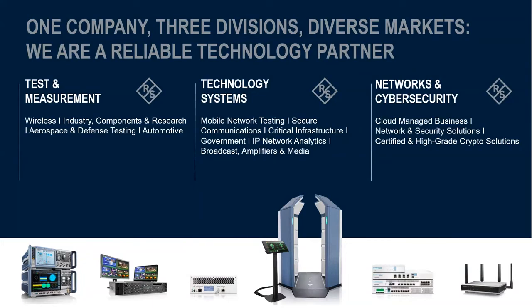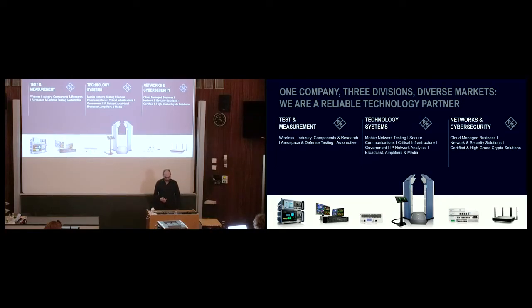But Rohde Schwarz is developing many more technological systems, and we also provide solutions for network and cybersecurity. For example, if you came here by plane, you might have encountered one of our body scanners at the airport.